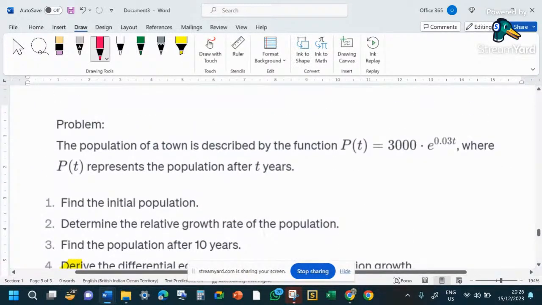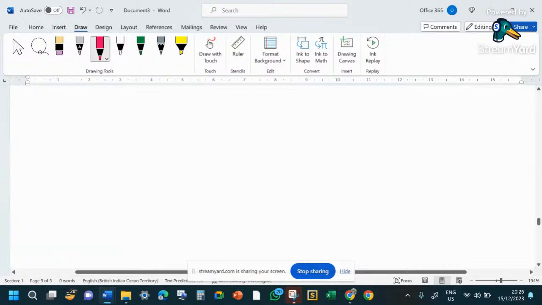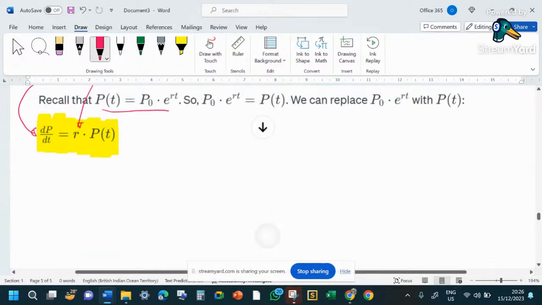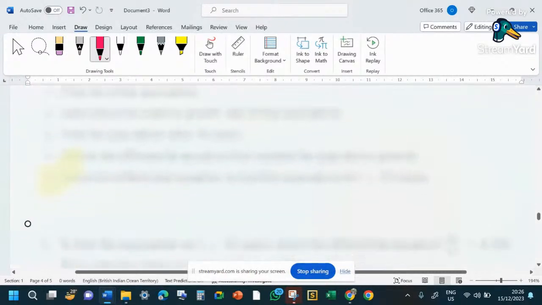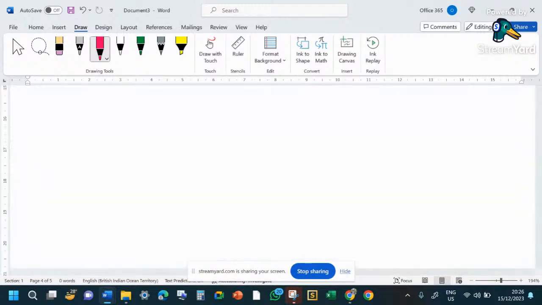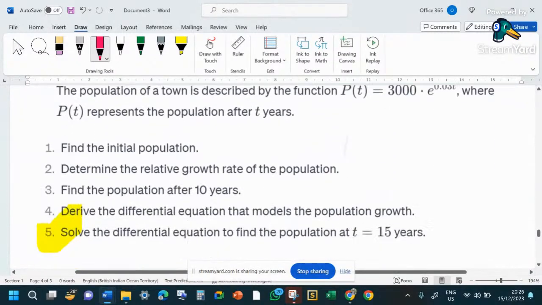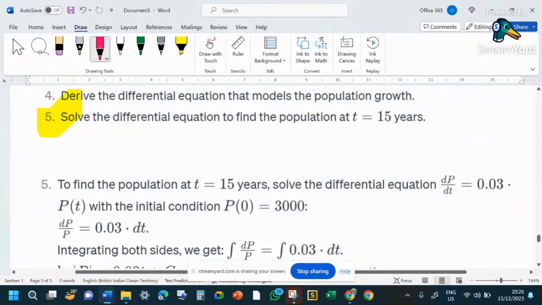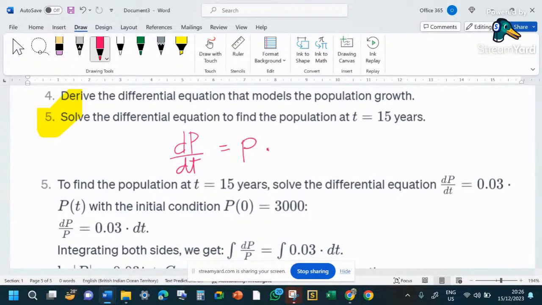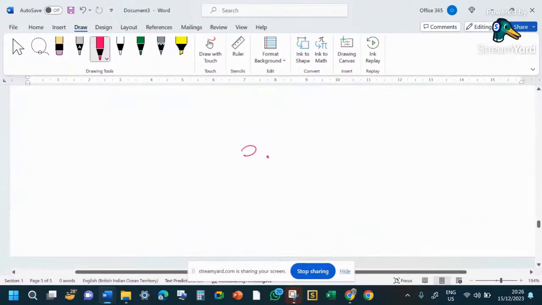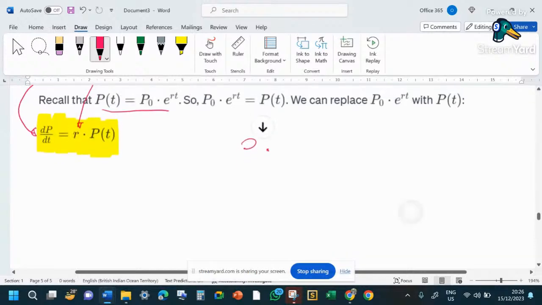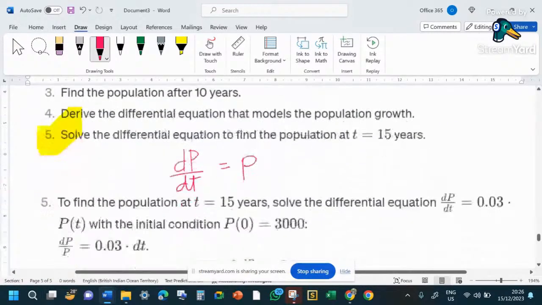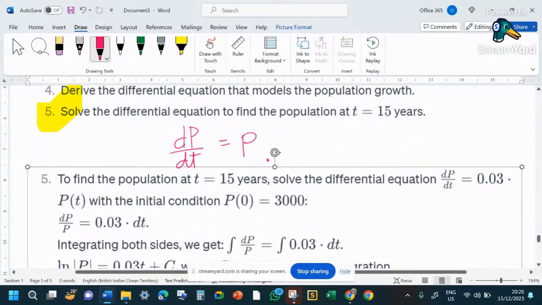So what we have derived here, let me just get it again: dP over dt is equal to rP of t. That's number 5. What happened there?